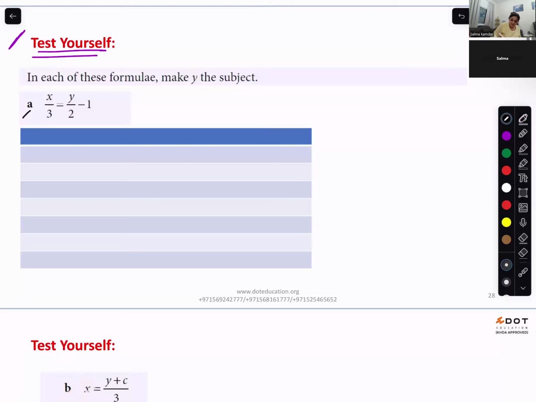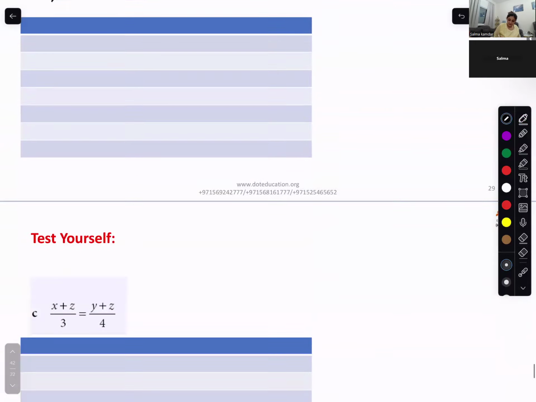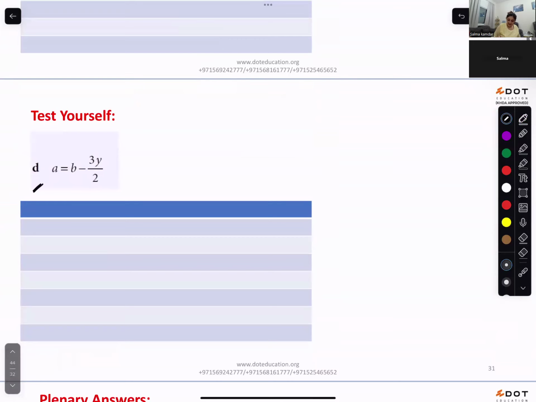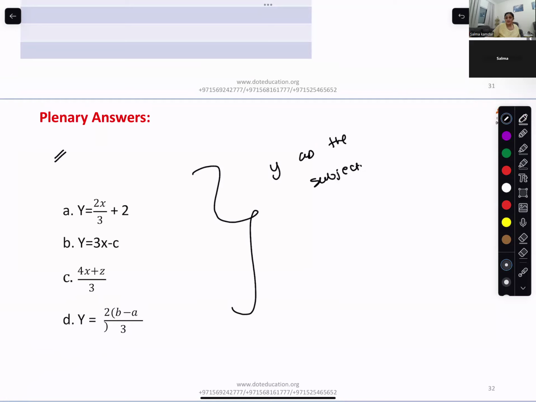So this is 1, 2, 3, 4 questions, and here are the answers. You want to make y as the subject. So we are completed with changing the subject. Changing the subject means expressing that term in terms of the other letters.